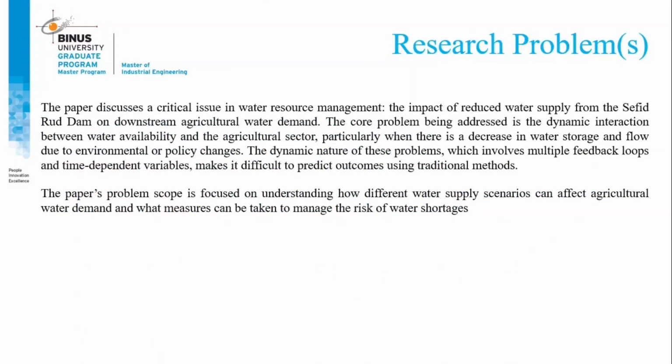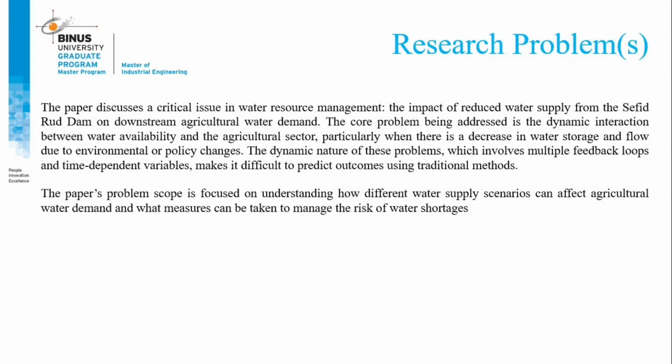This paper discusses a critical issue in water resource management: the impact of reduced water supply from Sevidrat Dam on downstream agricultural water demand. The core problem being addressed is the dynamic interactions between water availability and the agricultural sector, particularly when there is a decrease in water storage and flow due to environmental or policy change.